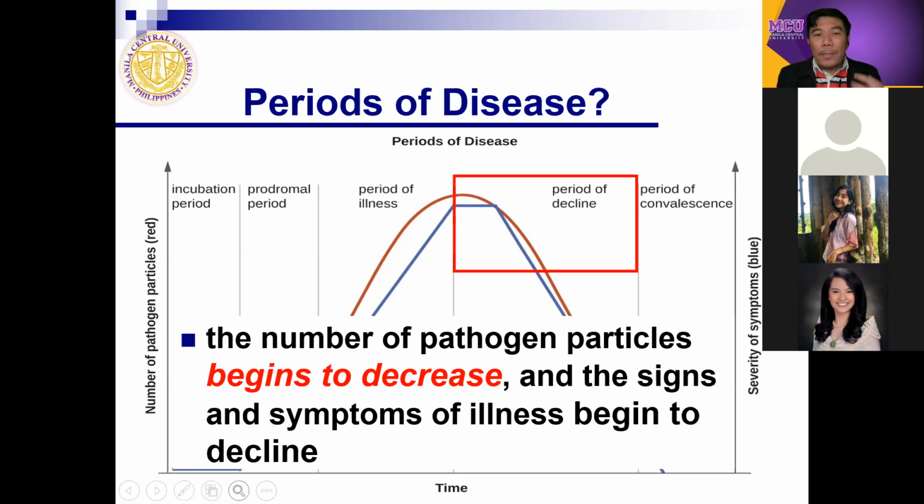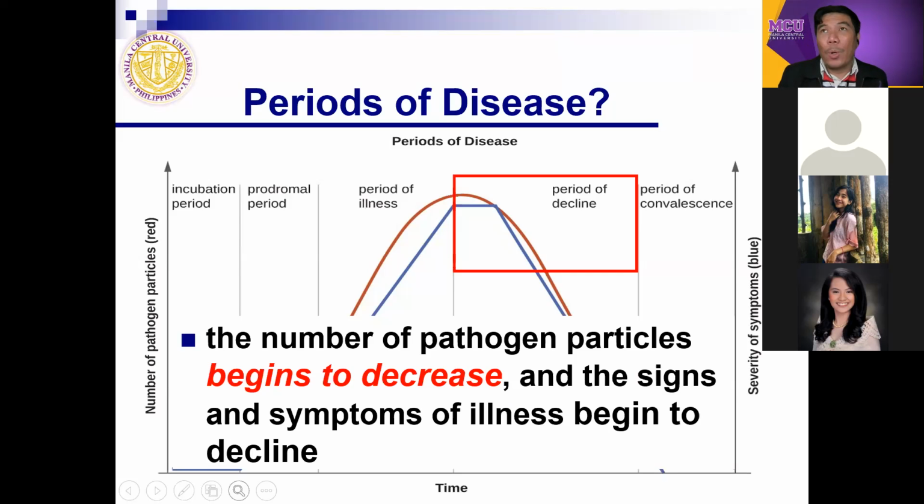when the person is in the perspective of treatment, the number of pathogens or pathogen particles begins to decrease. Most viral infections have a natural way of decreasing the pathogens.